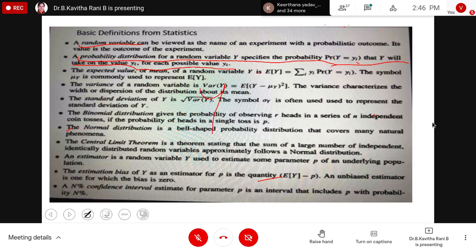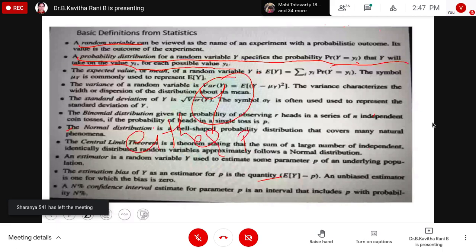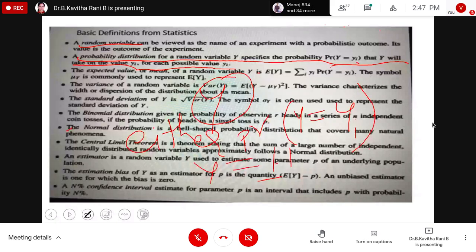Now the random variable is y here. The probability of y is equal to yi is the probability distribution, that is y is equal to h or y is equal to t. So this is the probability which we will get when I toss the coin. Here yi is nothing but the set of output values, that is heads or tails.